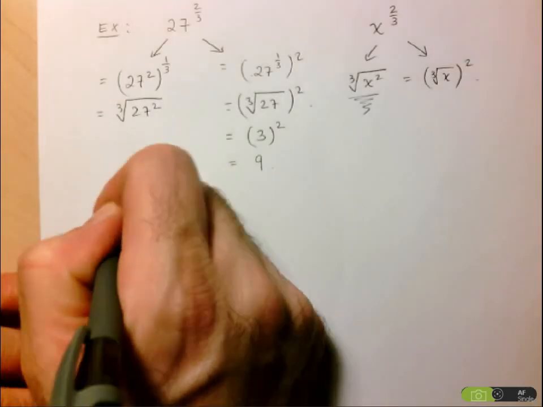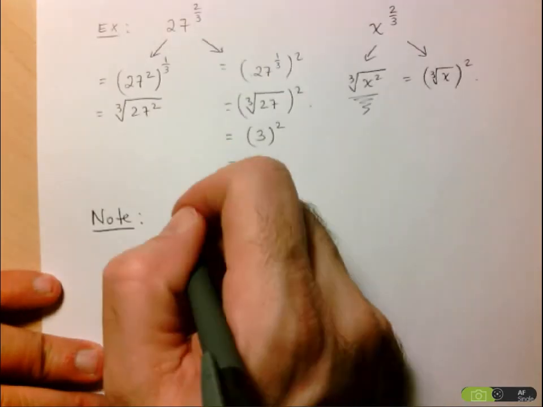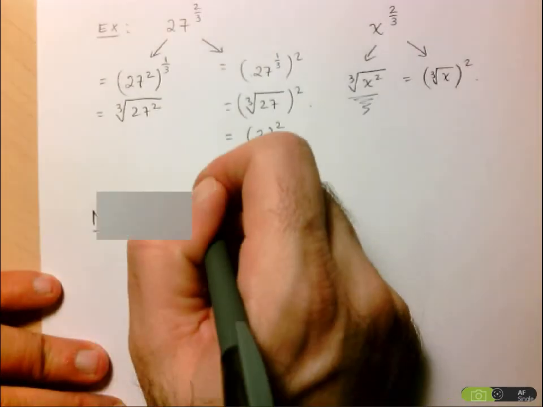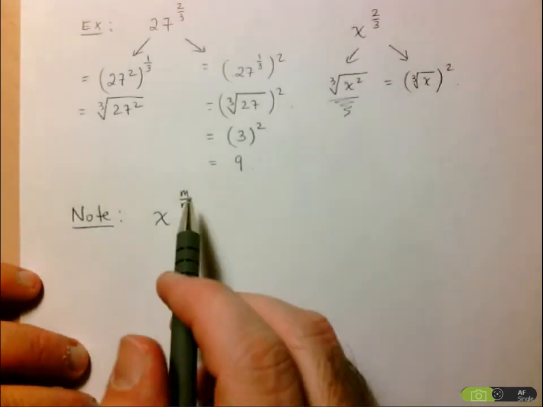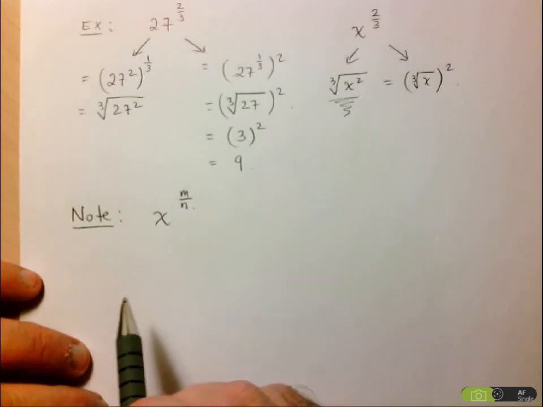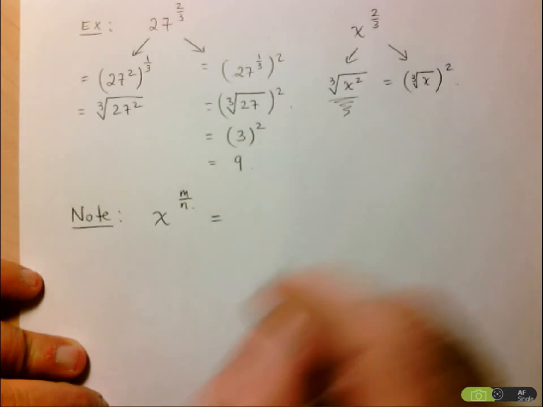So here we've got the exponent, which is any rational exponent. We know that rational numbers can always be written in fraction form. So this here can be considered in two ways.